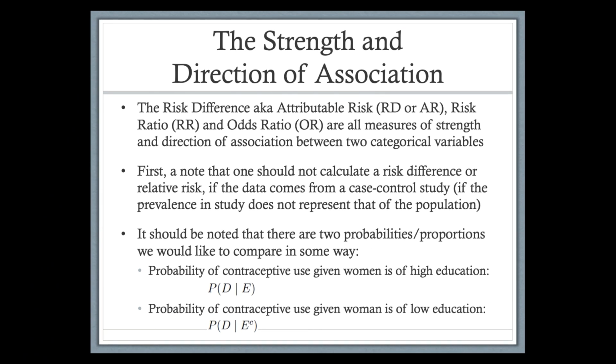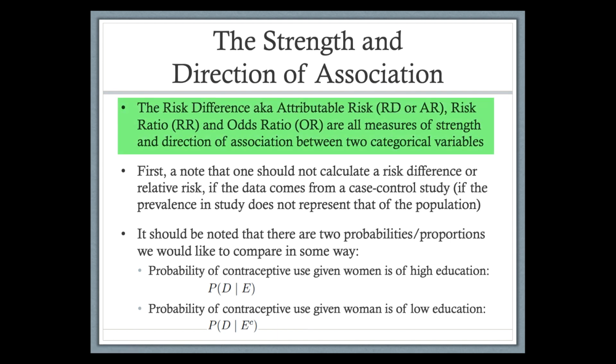I'm also going to mention quickly that I'm going to go through the attributable risk, the risk ratio, and the odds ratio. On the course website, there is a link to a separate video that goes over all these measures as well. If you find that the explanation I provide here isn't enough and you want a bit more, you can take a look at that video, which goes through a similar explanation with a bit more detail.